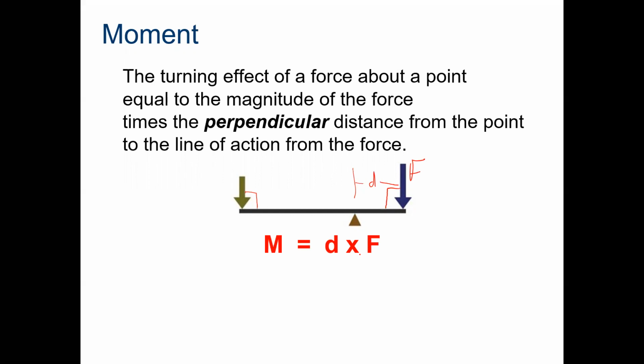But the key here, where we talked about work earlier, work was a parallel distance where the force was acting parallel to your arm. In this case, it's not. It's acting perpendicular to your lever arm. And so this would be a perpendicular distance times your force, giving you a moment. Why is this important?